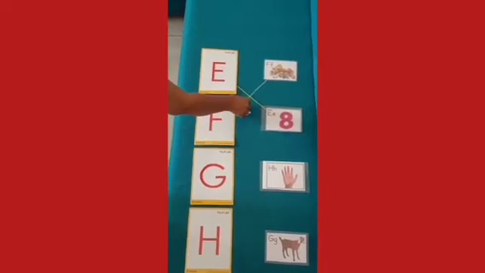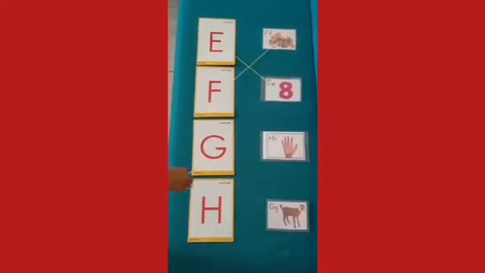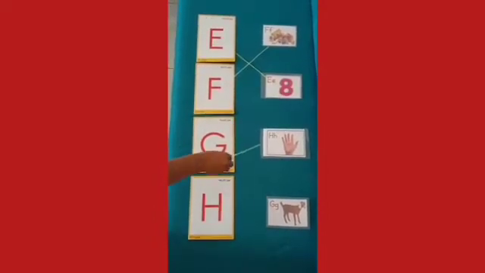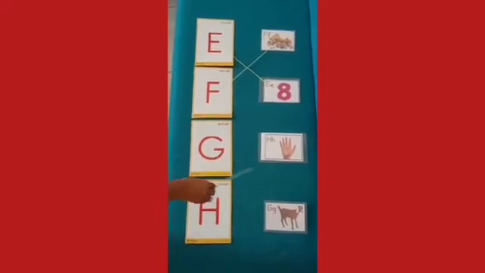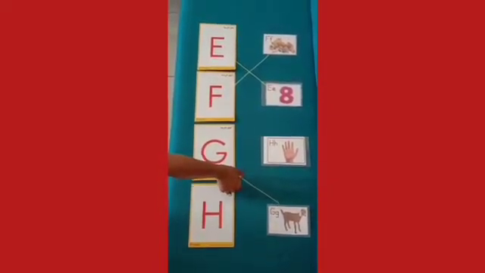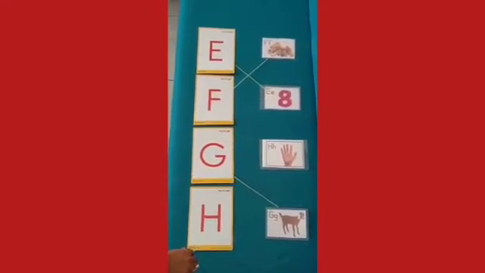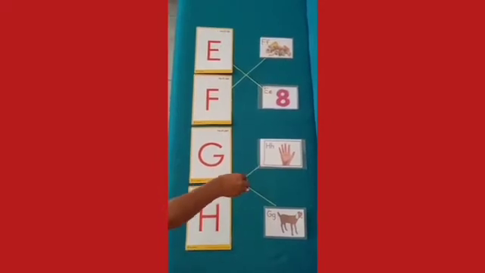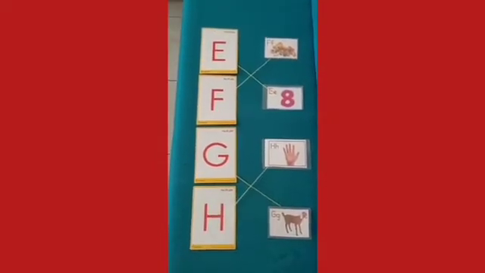So we will match it with fruits. Next alphabet is G. G for hand? No. G for goat. So we will match it with goat. H for hand. So we will match it with hand.